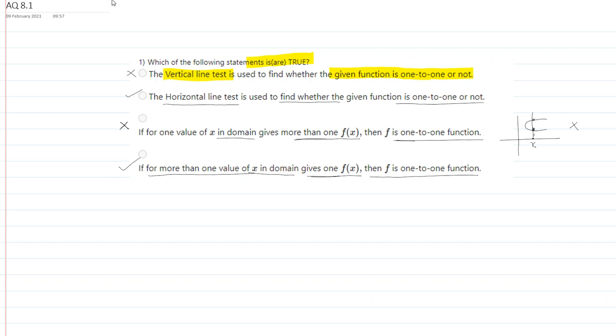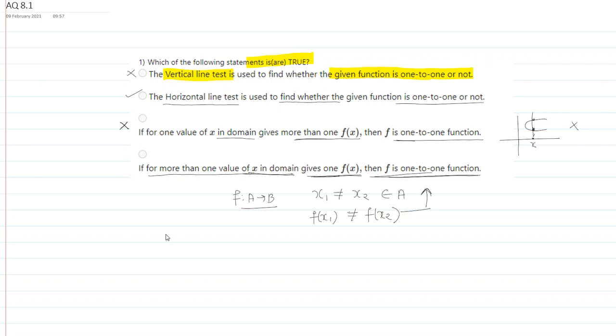As we talked about, if x1 is not equal to x2 for a function from A to B, and these belong to A, then f(x1) is also not equal to f(x2). When this happens, this is a one-to-one function.